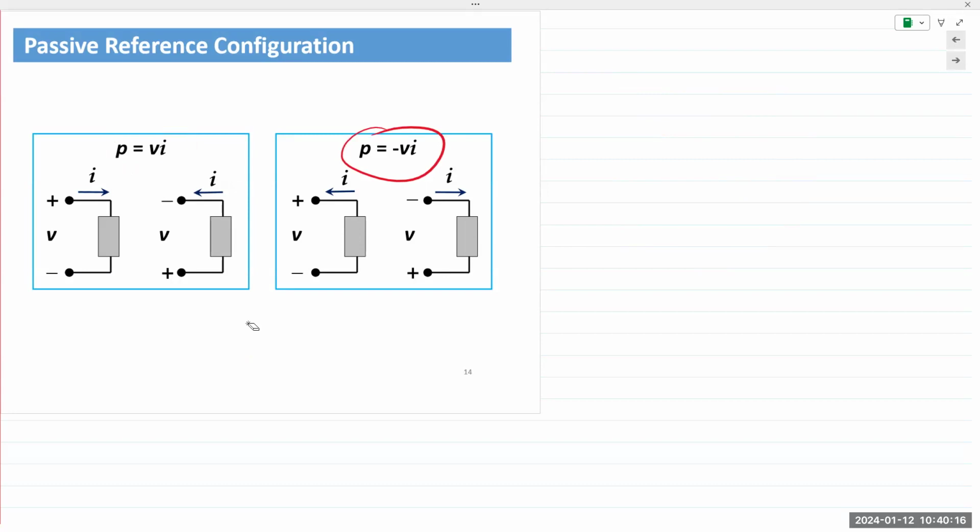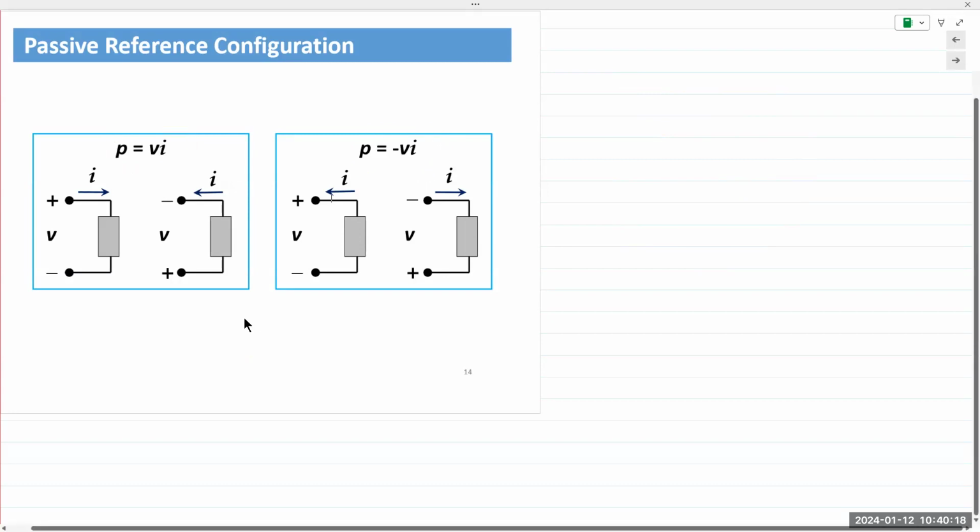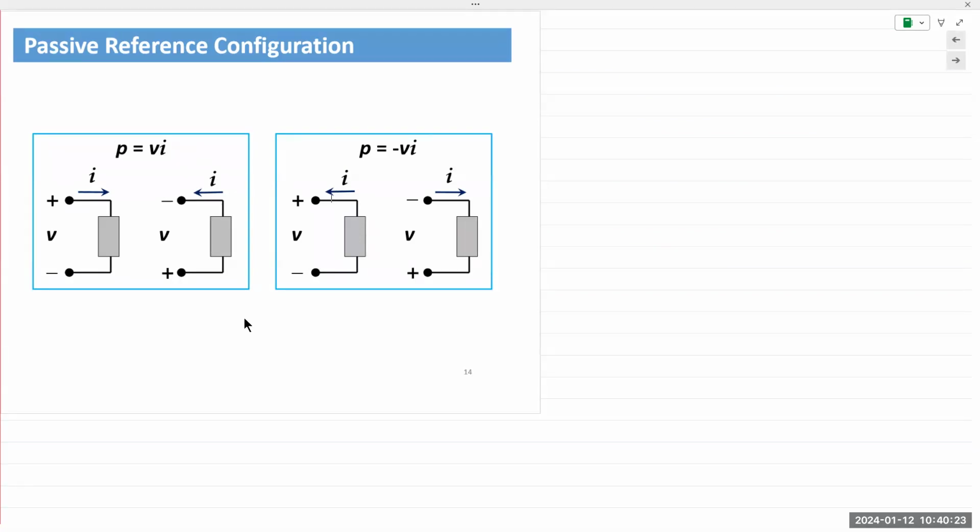So let's look at these examples on the slide. We have 4 of them. I just call them A, B, C, D, starting from the left. We have A, and because it's positive here, that means this end of the element is positive. So current is entering the positive terminal of A, and the power equation we will use is P equals VI.